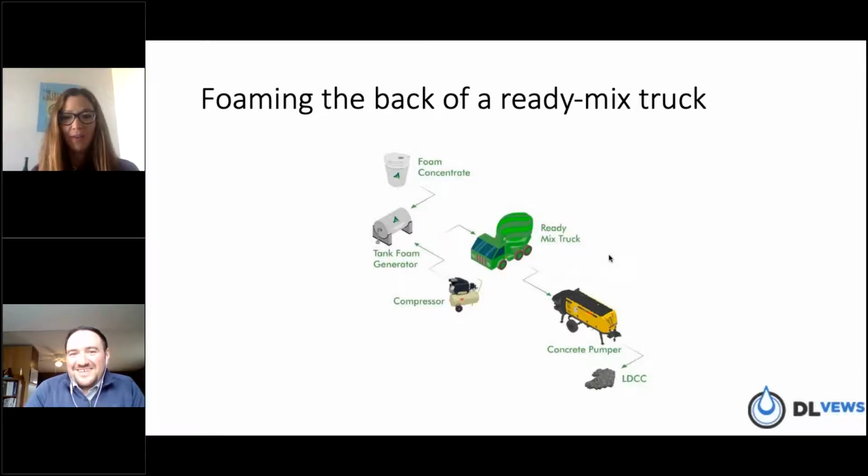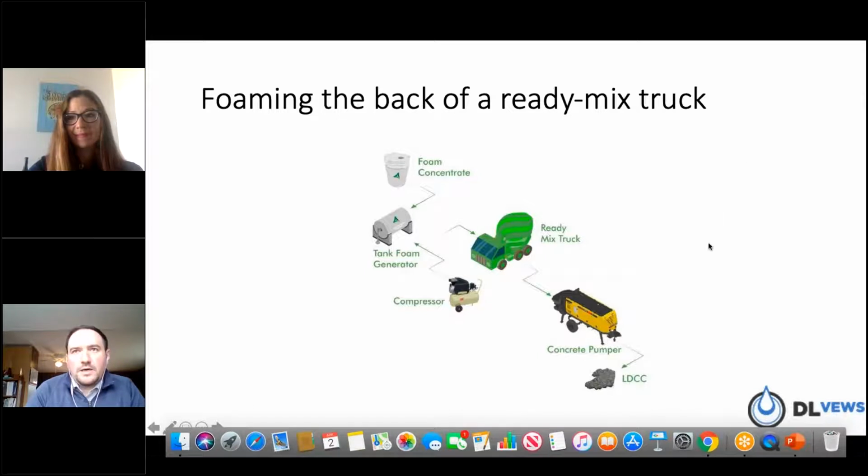All right, what's going on in this one? So this is, I call it, the older school method or mentality. This is something that's very common to folks still. It has been around for decades, right? This is where you would foam the back of a ready-mix truck. I would tell folks, if you're looking to do a smaller annulus job, some jobs we're talking as low as 2 or 3 yards of fill where you can bag mix it, right?